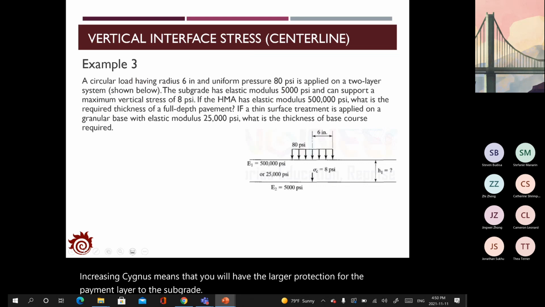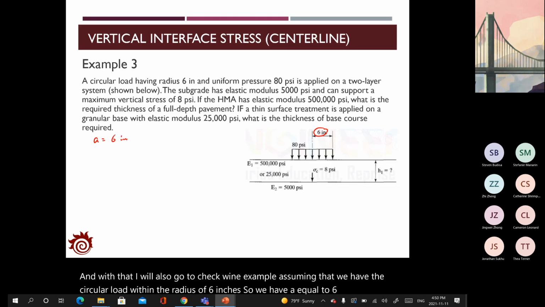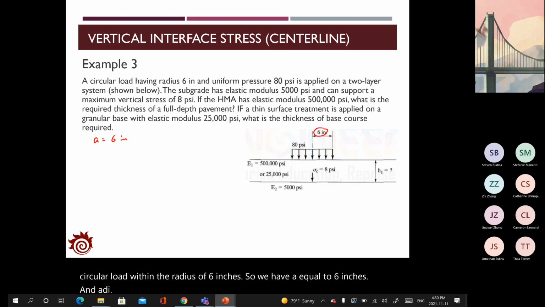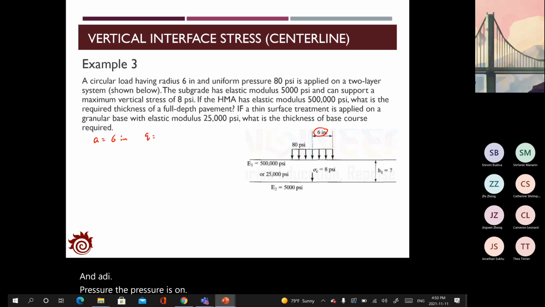And with that, I will also go to check one example. Assuming that we have a circular load with the radius of 6 inches, so we have A equal to 6 inches, and the contact pressure is 80 psi, and this is a two-layer system.